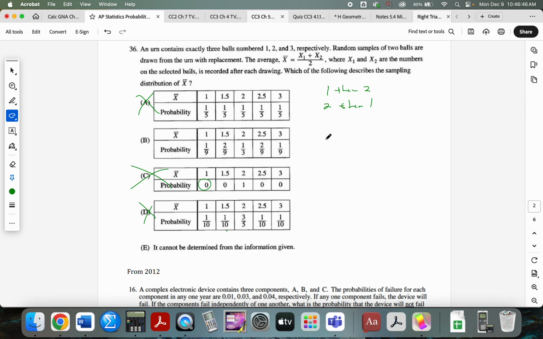How many different ways can you get 2? 2 ways. Nope, 3. Yeah, because 1 and 3, 3 and 1, and 2 and 2. Yep. 1 then 3, 3 then 1, 2 then 2.